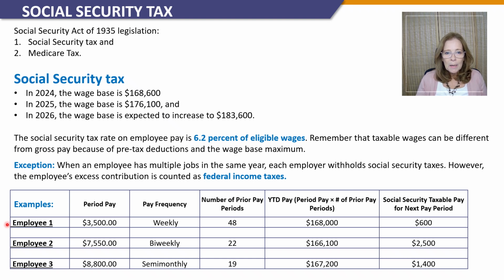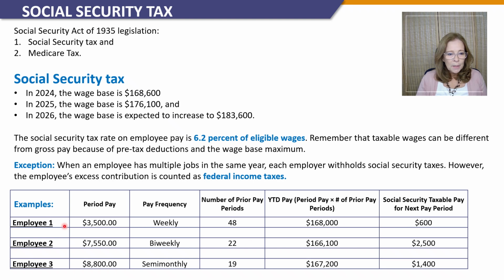$168,600. So employee number 1 has a period pay of $3,500 and 48 prior pay periods for a total of $168,000. The maximum wage base for Social Security is $168,600, and that means that the employee's prior period wages are near the maximum wage amount, and there's only a difference of $600 that are subject to Social Security tax this payroll period.